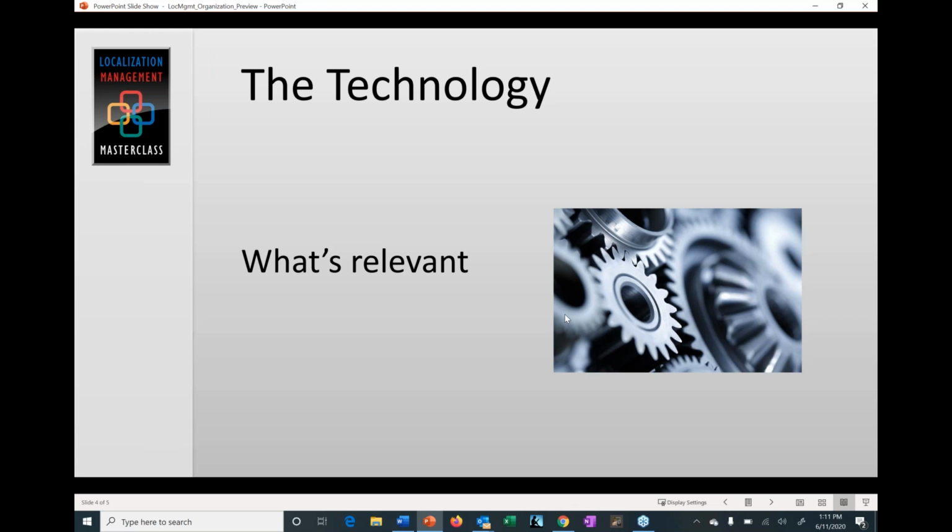So now you have to consider, and people are talking about, well, is translation memory still useful to us? Is this still a technology that we need to pay attention to, buy and own and get people to use? Or should we just use machine translation?